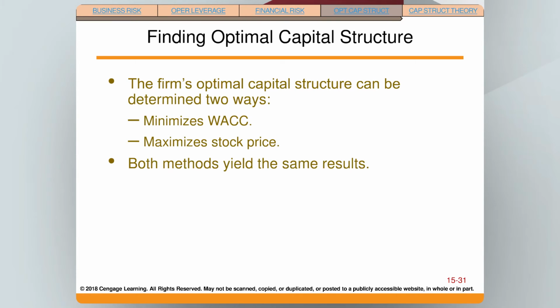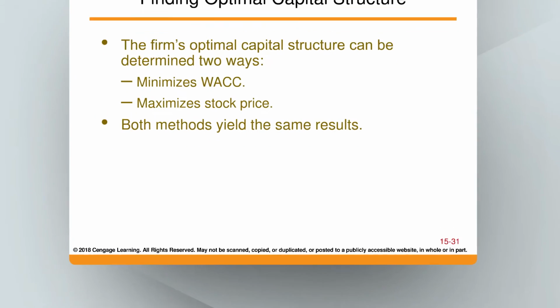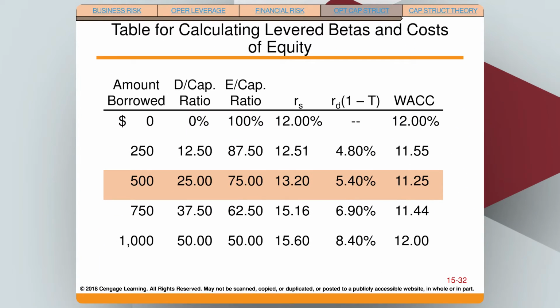Alright. We discussed the WACC already. Hopefully that is understood. So, the table for calculating your leverage betas and cost of equity. As you notice, the WACC here is 11.25 at 500.